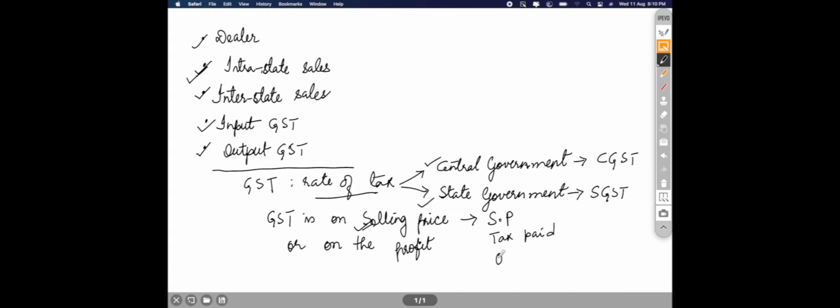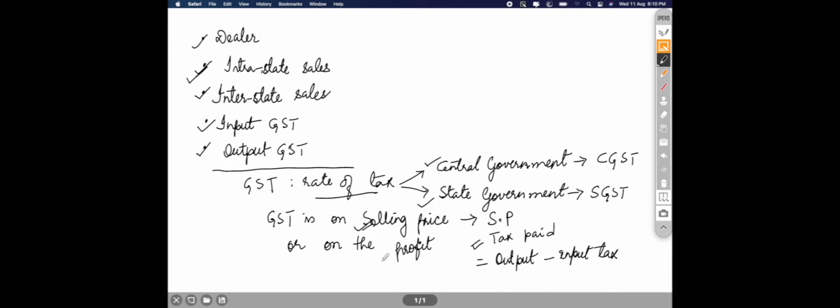So in that case, tax paid will be equal to output tax minus input tax. So this is the amount of tax paid by the dealer. So output tax minus input tax, right?